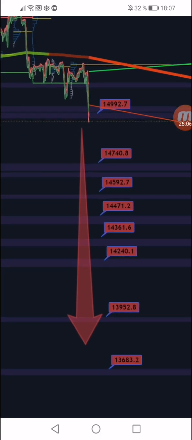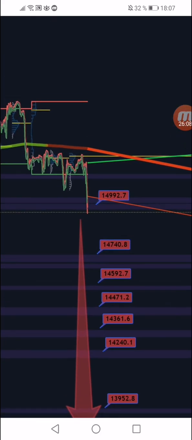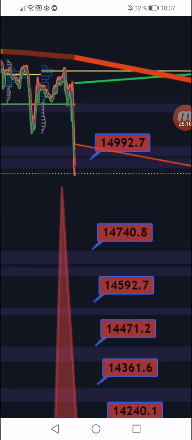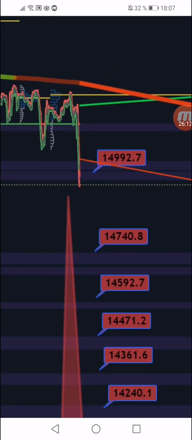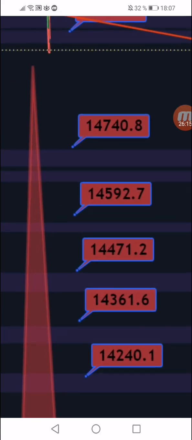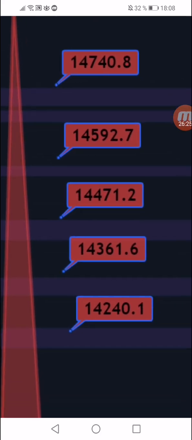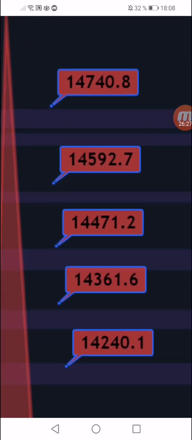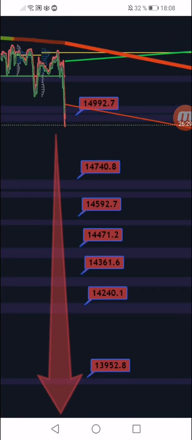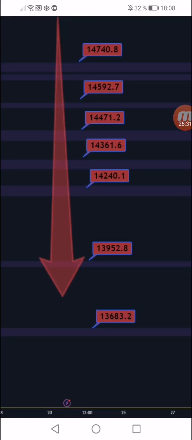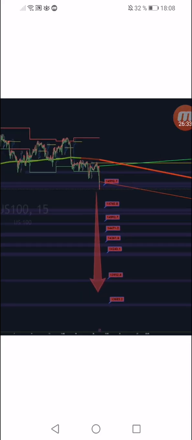Look, all the levels are coming down. We have reached the first level, 14,992. We are reaching now the next one, 14,740. The price is now 14,762. The next one is 14,592, and so on the way down, right?